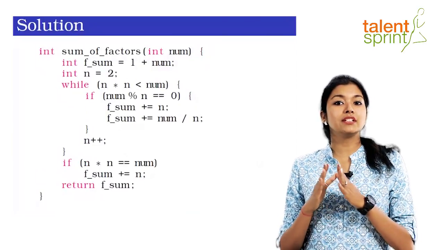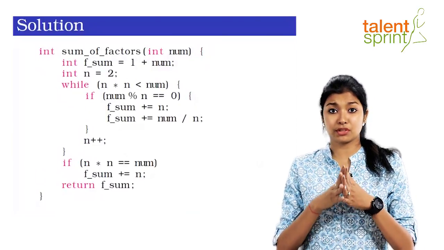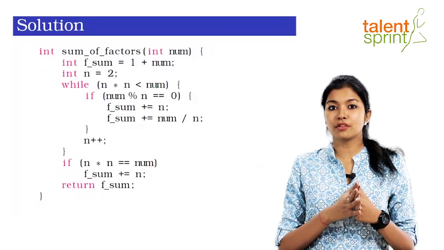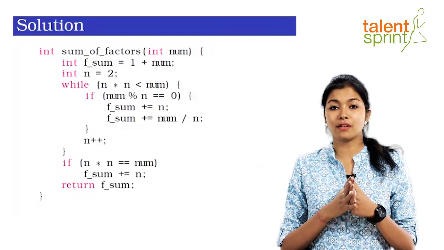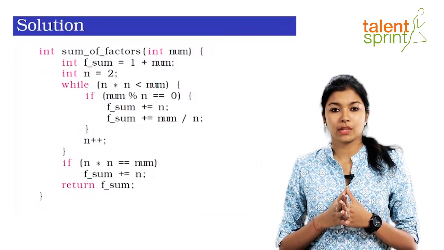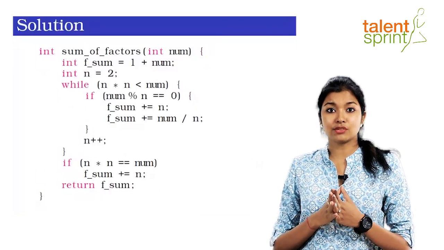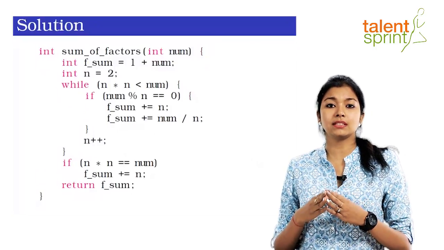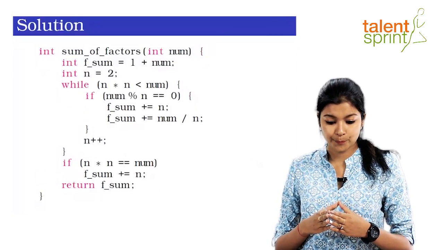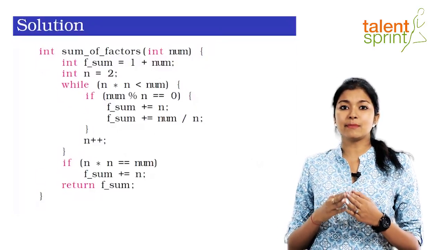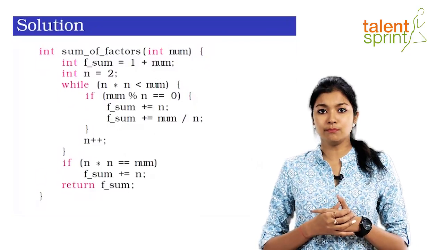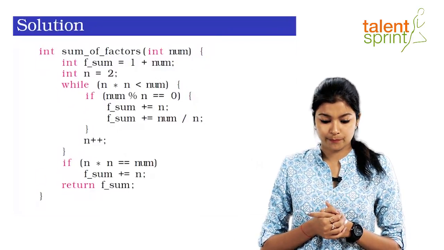Let me show you another interesting way to approach this particular problem. So we just saw how we reduce the number of iterations of our for loop or while loop. Now in this particular slide that you see on the screen, again we have the same function and we are passing our number as input parameter. And inside we have used the same concept that we are adding 1 and the number itself to fsum before we get into the loops.